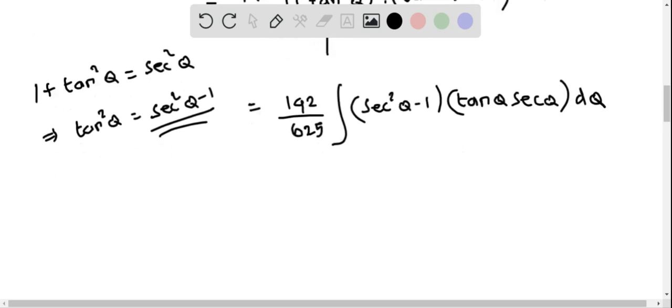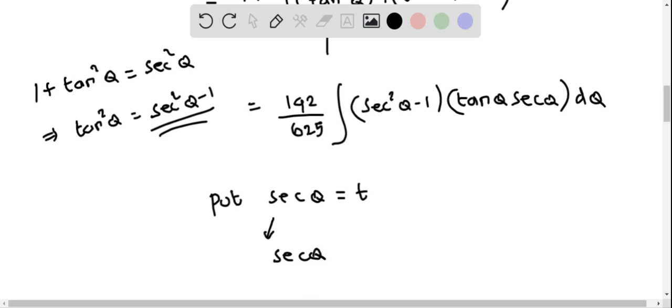And now I am going to use t substitution so that we can solve this integral in terms of the trigonometric ratios involving the angle q. So let's put secant q equals t. Now we take differentials on both sides. The derivative of secant q is secant q tangent q, and then we have this dq when we take the differential, and the differential of t is just dt.